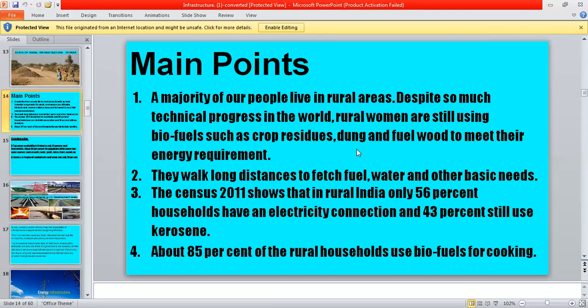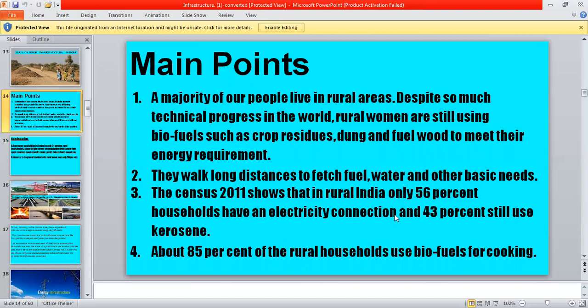Now recently with the Ujjwala Yojana, there has been a change and LPG gas cylinders are being given to the poor people in the rural areas. They walk long distances to fetch fuel, water and other basic needs. The problem of fuel and pure drinking water continues to be a problem in rural India.